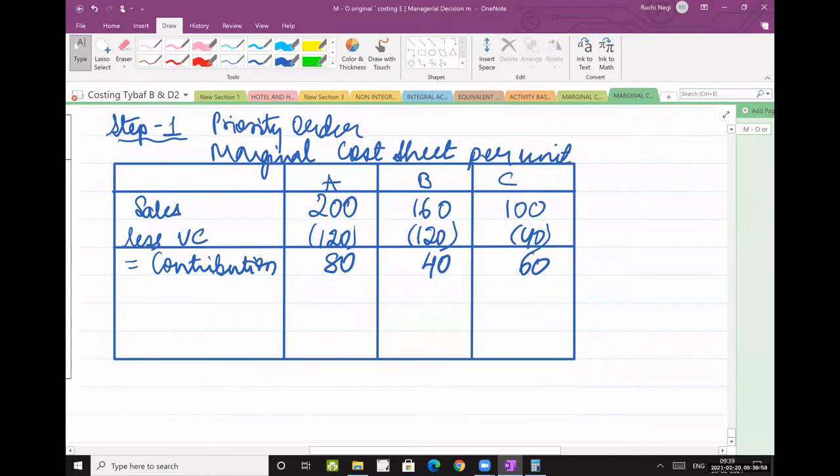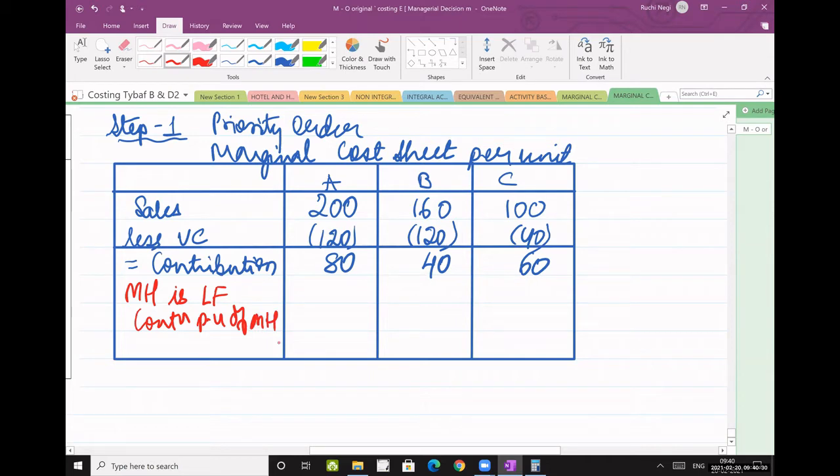Okay, so machine hours is the limiting factor, but the point is your limiting factor of machine hours should be in units. So contribution per unit of machine hours.